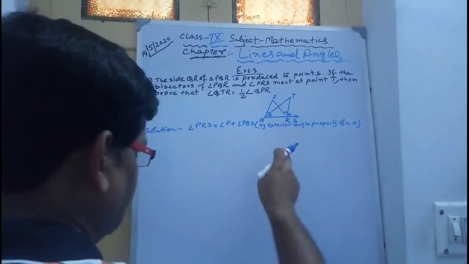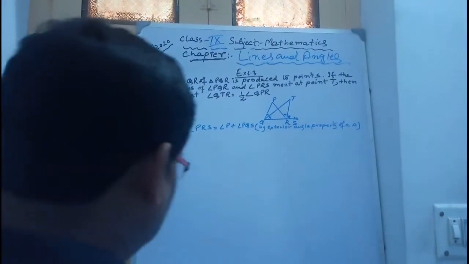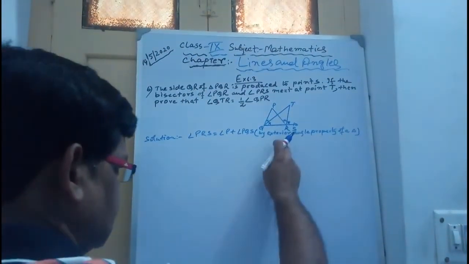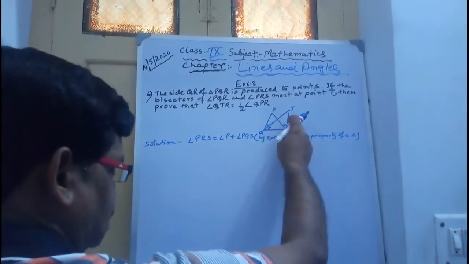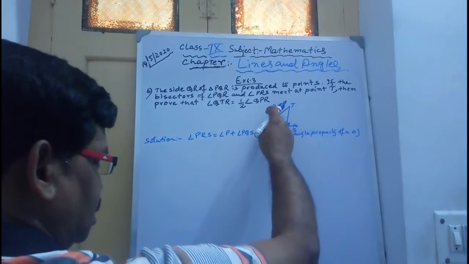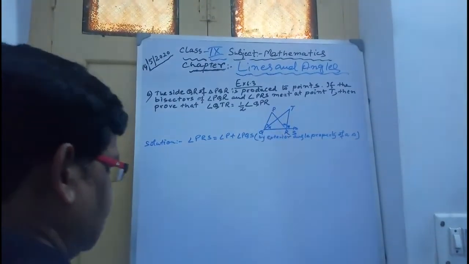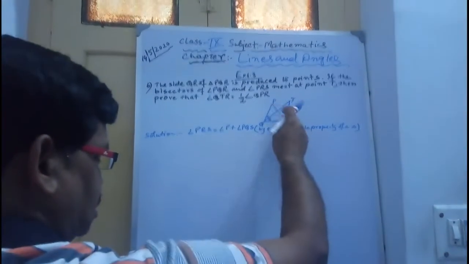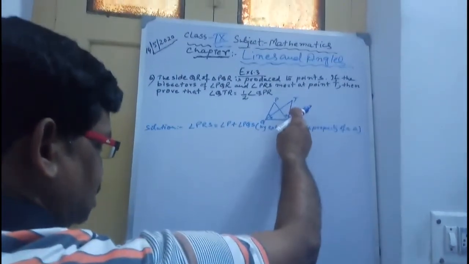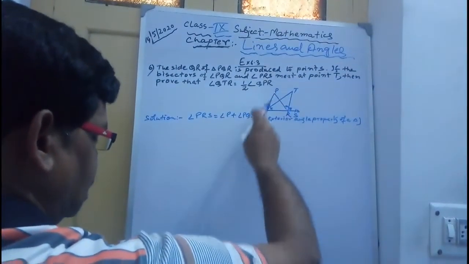PRS is the exterior angle of triangle PQR. By the exterior angle property, the exterior angle is equal to the sum of the interior opposite angles. The interior opposite angles of this exterior angle are angle P and angle PQS.